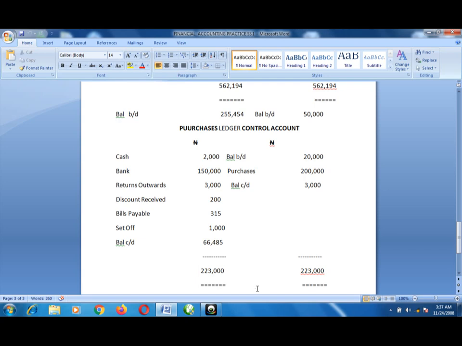Your account will not balance automatically, because you are not given the balance carried down on both sides. You are given the balance carried down on the credit side only. Find the difference between the debit and credit. You realize that the credit side must be greater than the debit side, and the difference between both sides will now act as a balance carried down on the debit side of the purchase ledger control account.